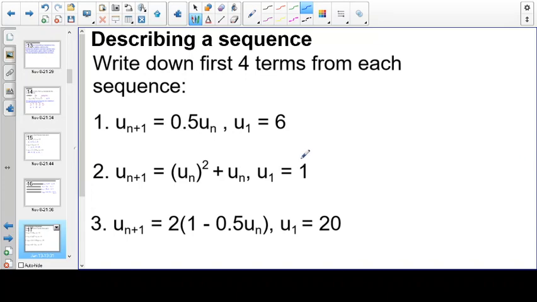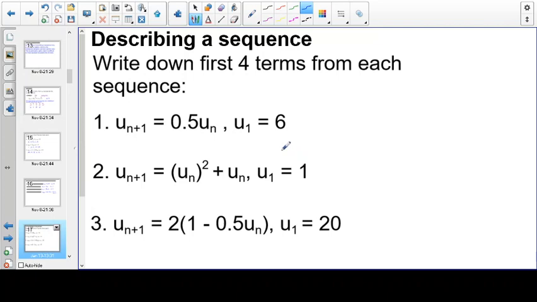Okay, now there's a bit of terminology to do with describing a sequence that you might be asked. So I'd like you to write down the first 4 terms from each sequence. So pause the video, write them down, and then I'll talk to you about how we would describe the type of sequence.